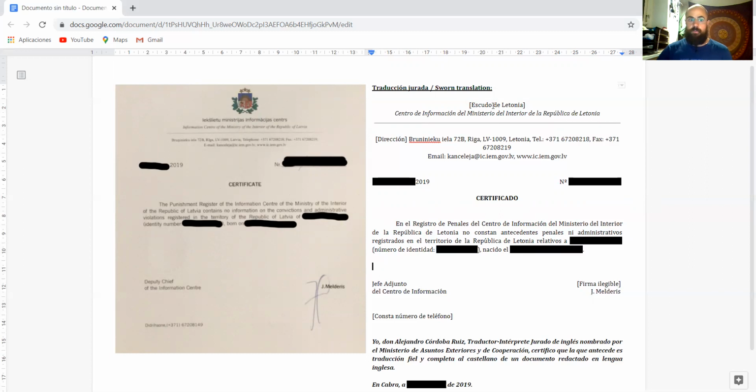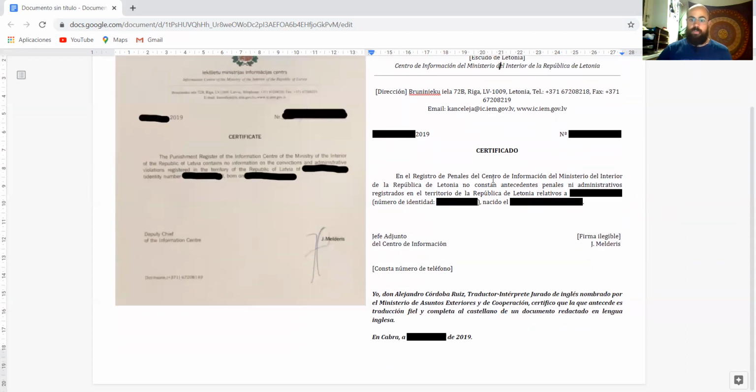So if we have something in the center, it should be centered. If we have words in bold, they should be in bold. If we have them inclined, they should be inclined. And we should keep the paragraphs with the same distance whenever possible, so that it is easy to go from one thing to another.